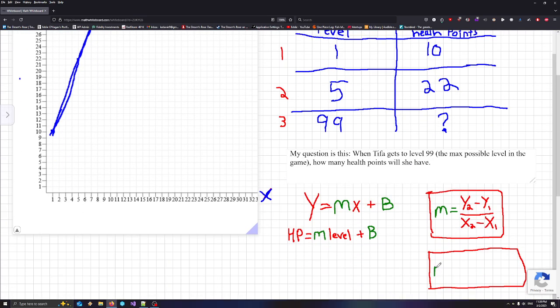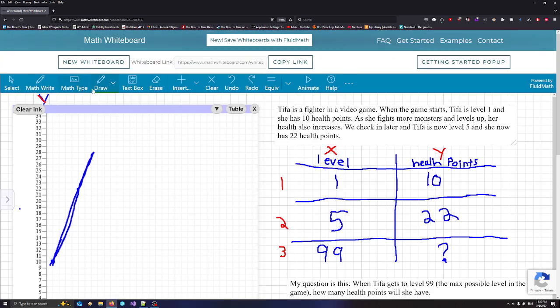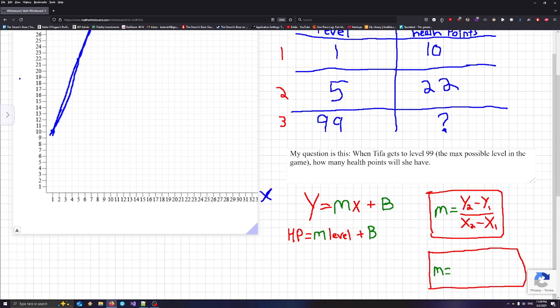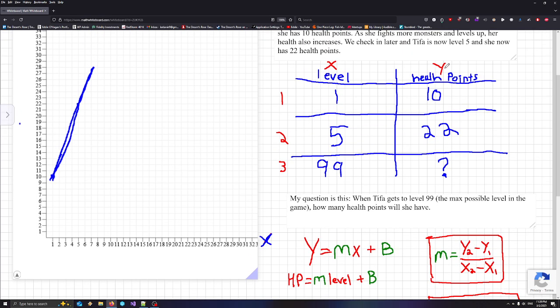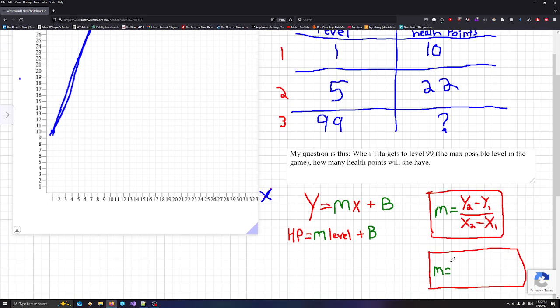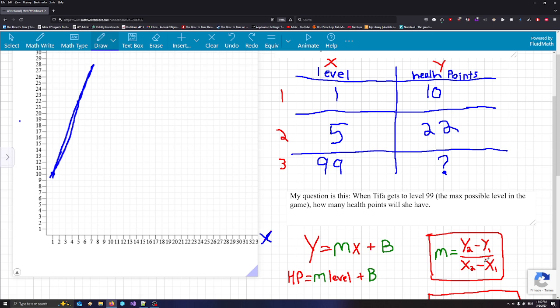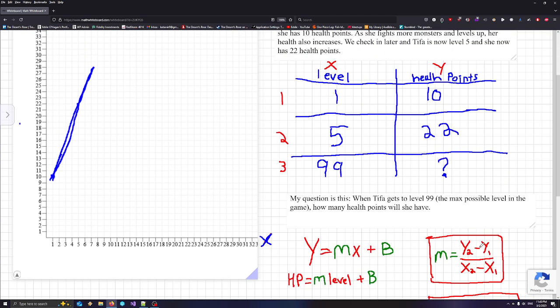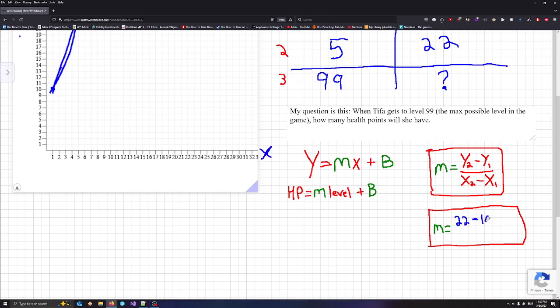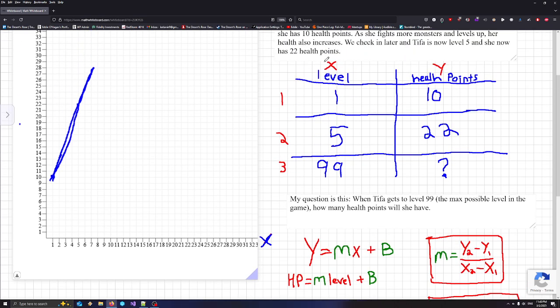M is equal to y2, which is 22, minus y1, so y2 minus y1 for the first one. y1 would be 10 health points, because remember, y is our health points and x is our level.